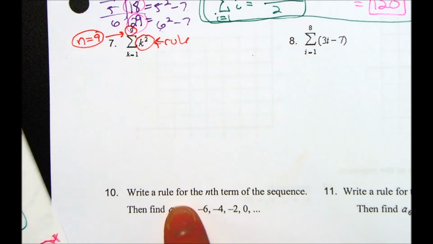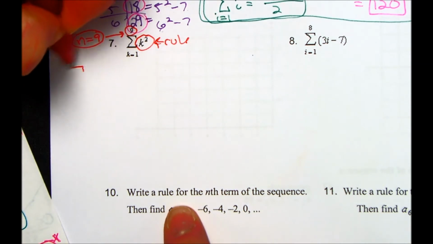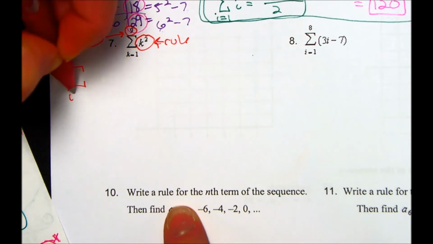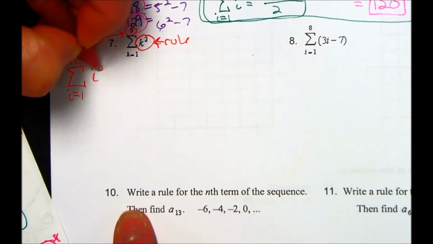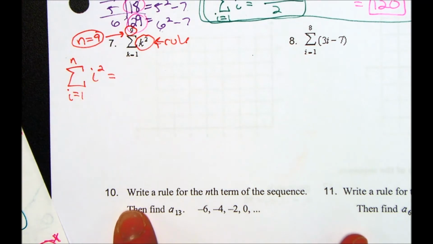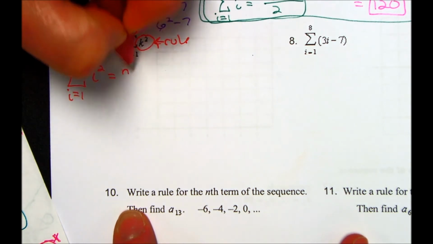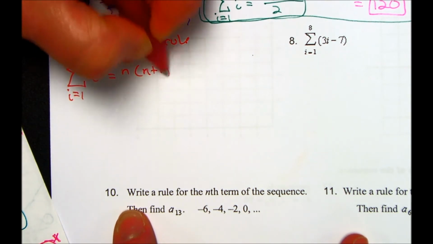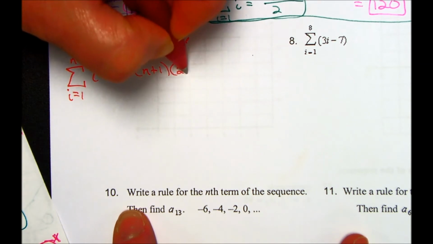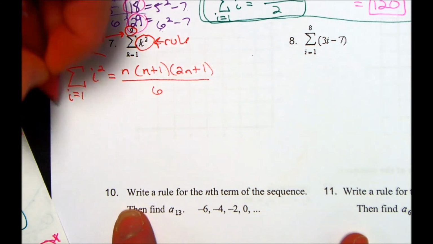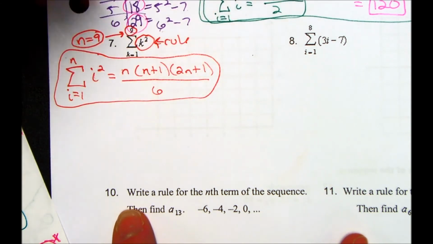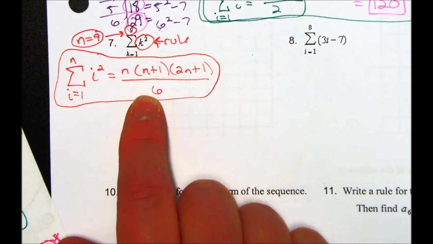And the rule for that is the sum of i equaling 1 to n of i squared equals n times n plus 1 times 2n plus 1 all divided by 6.